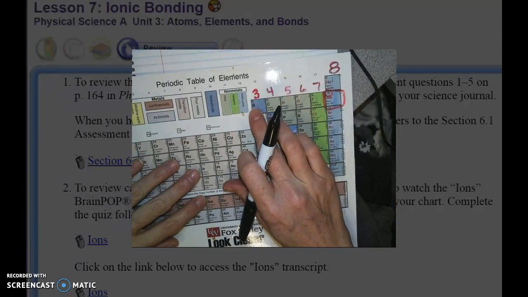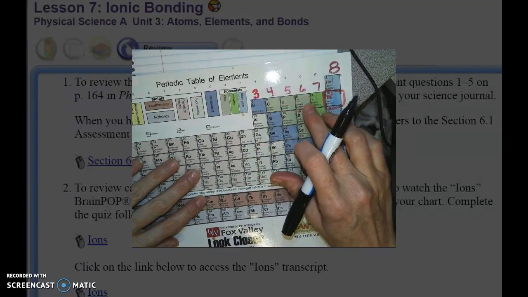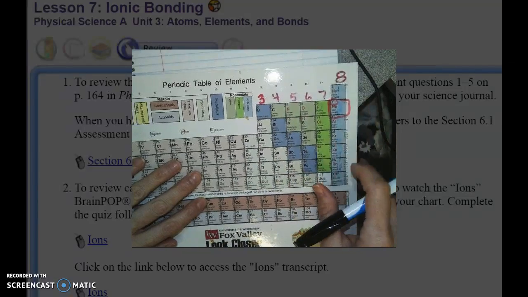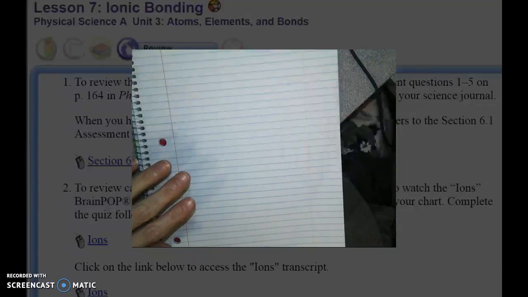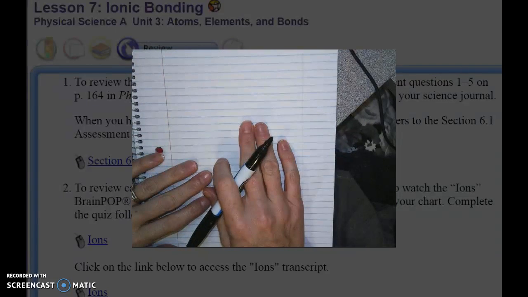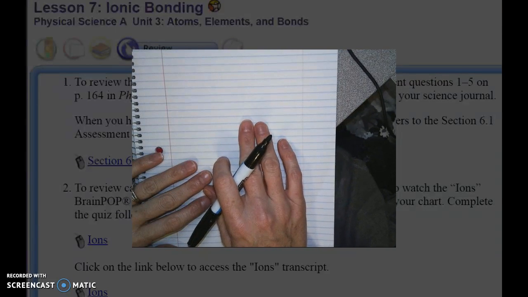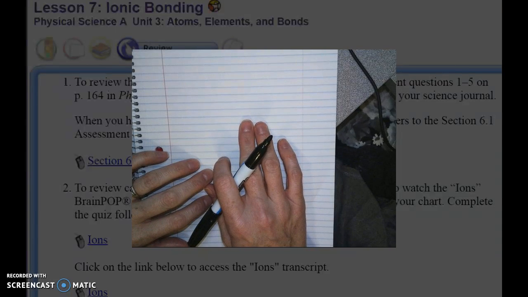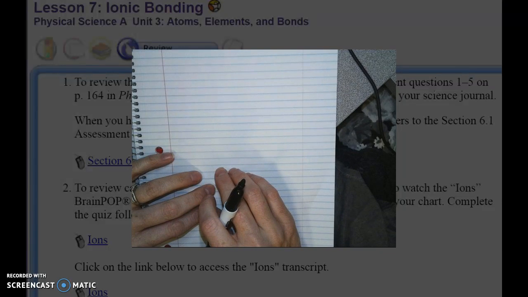Everything in this column has 3, 4, 5, 6, 7, and 8. That's important because remember that valence electrons are the ones found in the outermost shell of that particular atom, and those electrons are used in chemical bonding. So when we're looking at ionic bonds, we really have to pay attention to the valence electrons.